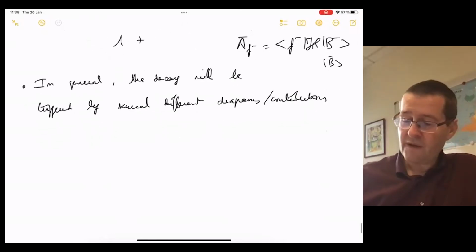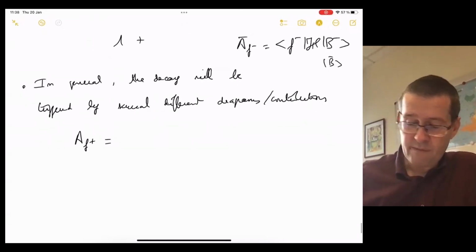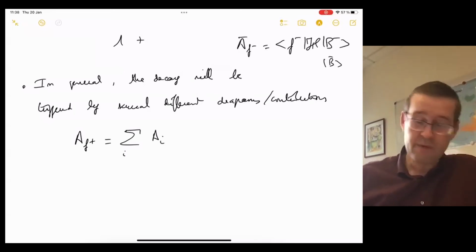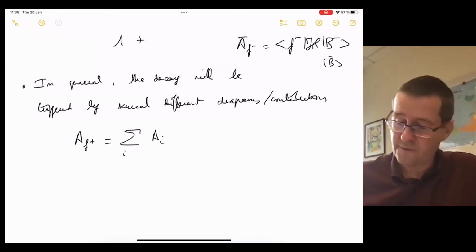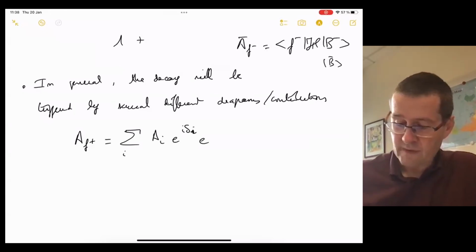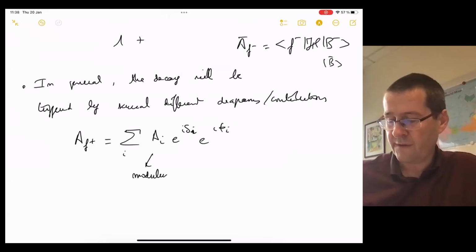That means that in general, I will be able to say that I've got several amplitudes contributing and potentially interfering, with each time a modulus and then two phases.